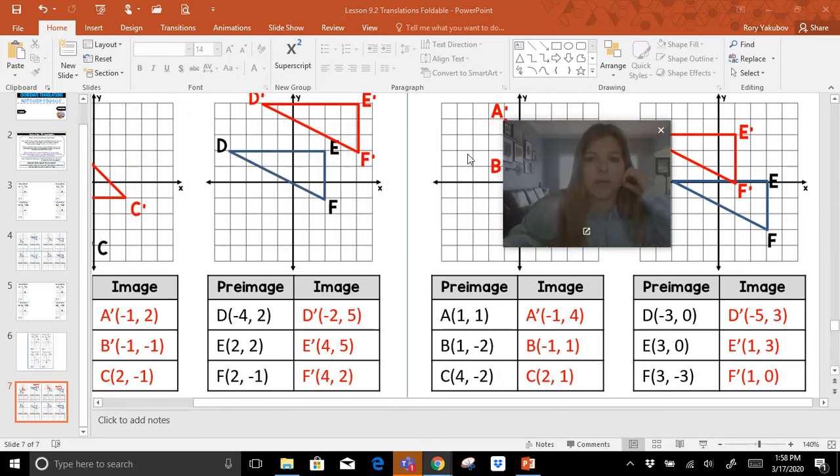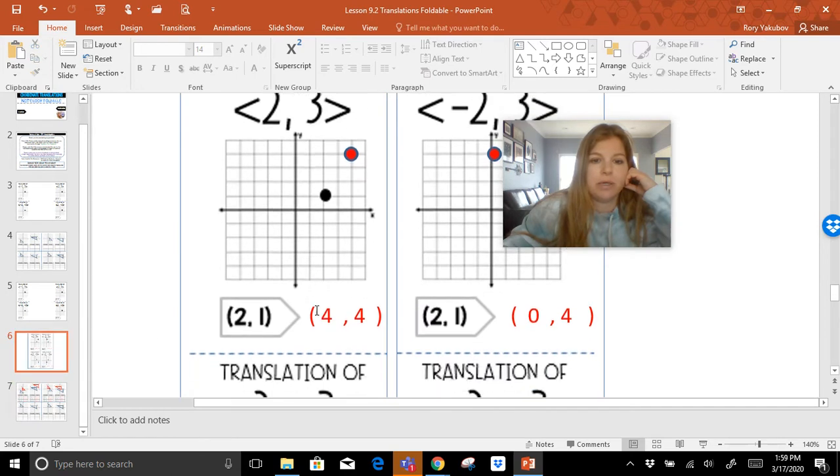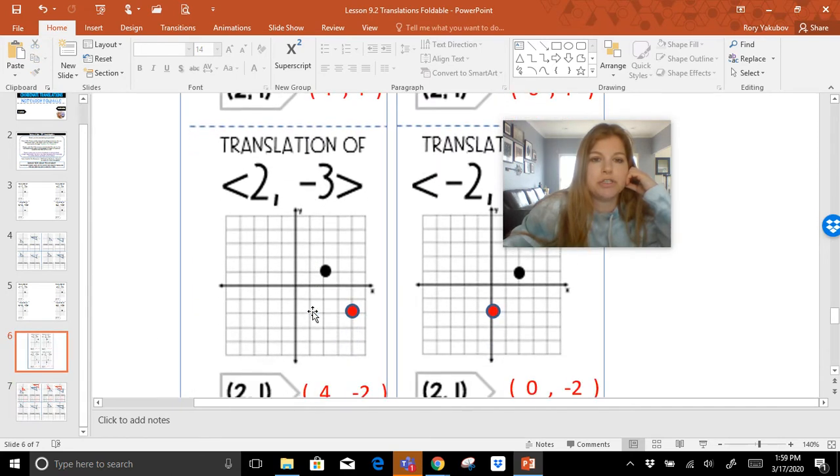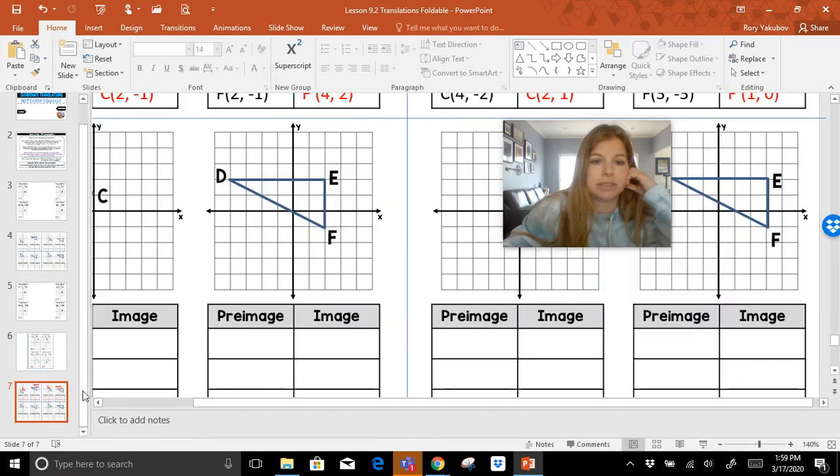Okay, the next translation that we did just before was a translation of 2, -3. So 2, -3 would mean to take this point, send it 2 to the right, and then 3 down. So we're going to add 2, subtract 3.